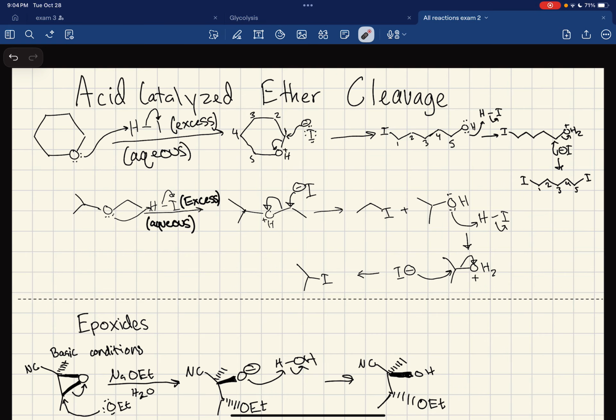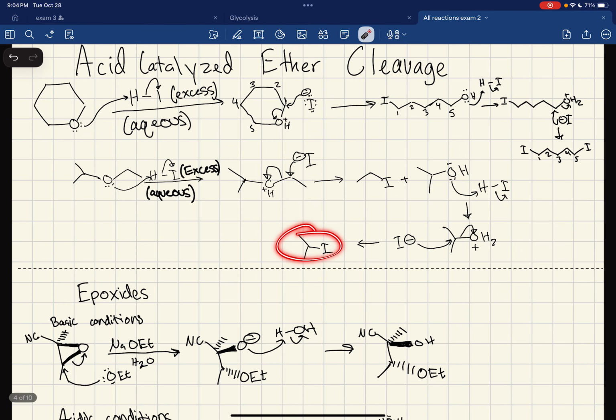Same exact thing as the mechanism above, where there's the first round where it's those two products, and then the alcohol gets protonated by the acid and then becomes a good leaving group. Looks a lot like water. Iodine comes in and then nucleophilic attack and forms the second product.